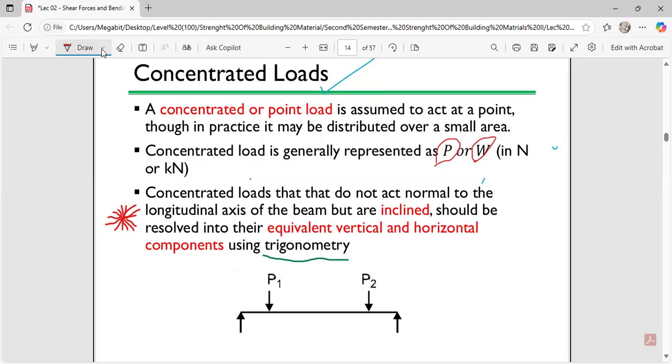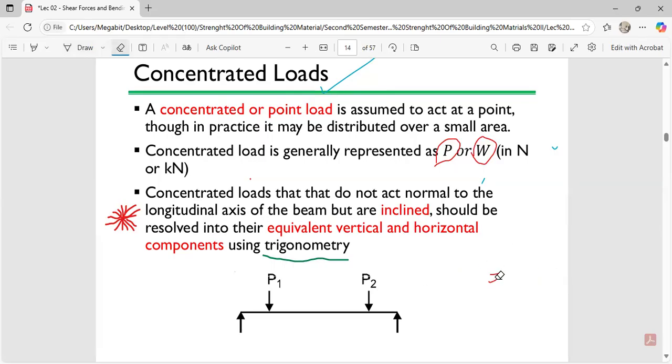There is a difference between the small w and the capital W. The capital W is equal to the small w times L, where L is the span. So the capital W is playing a major role, or in other words, it could also be in the form of Newton or kilonewton.